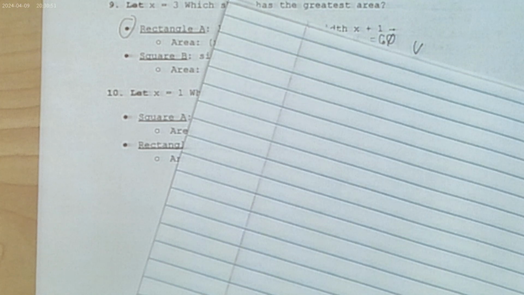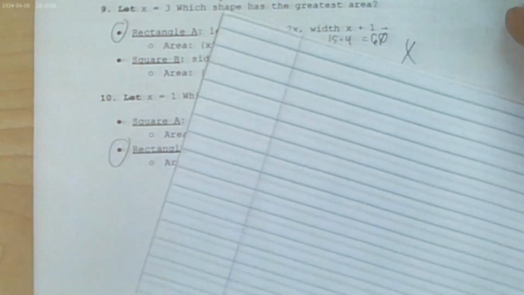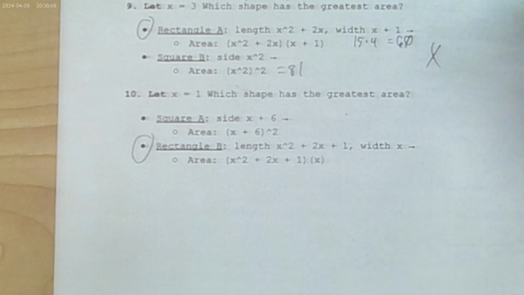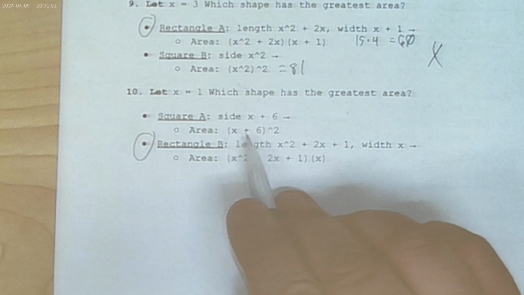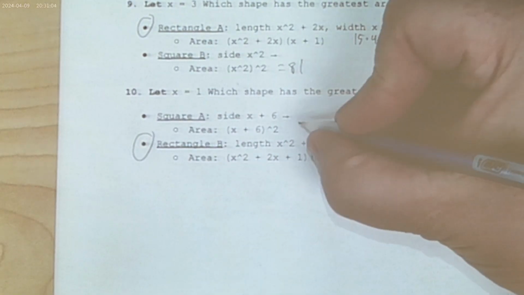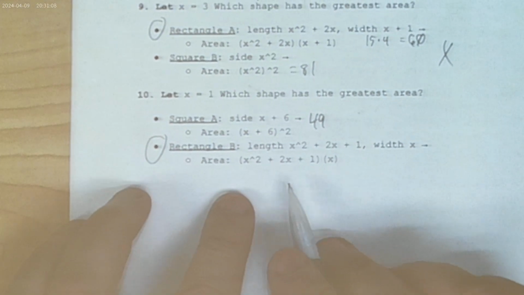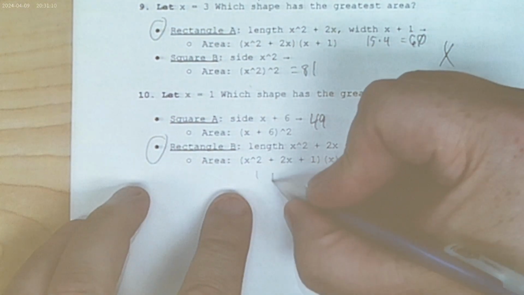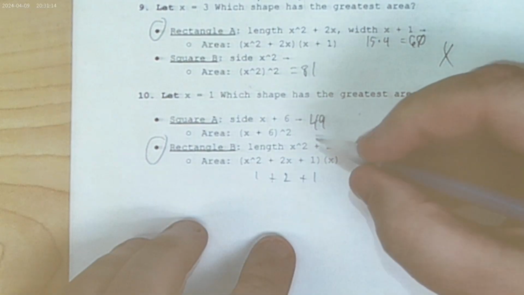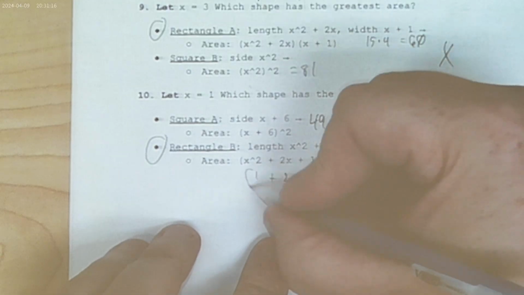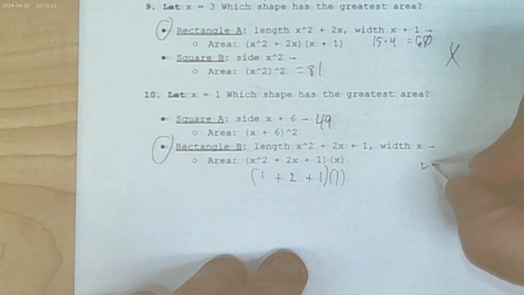So I'm going to go with the rectangle. If x equals 1, the area is x plus 6, so that's 7 squared, so that's 49. All right, rectangle B, x squared, which is 1, plus 2, which is 2, plus 1, times 1. Oh, no. So it's 3, 4, it's just 4.